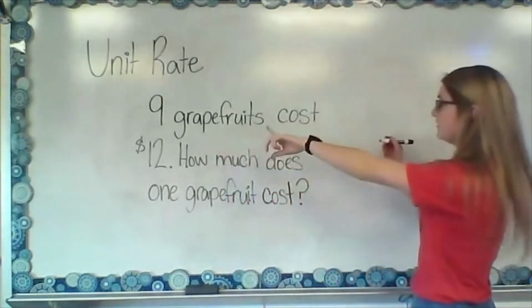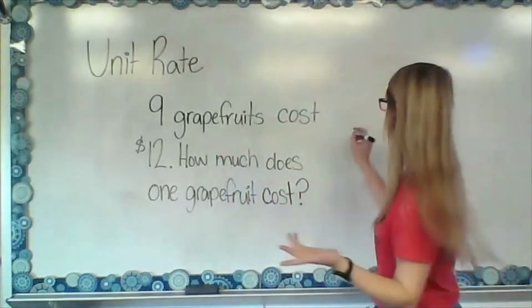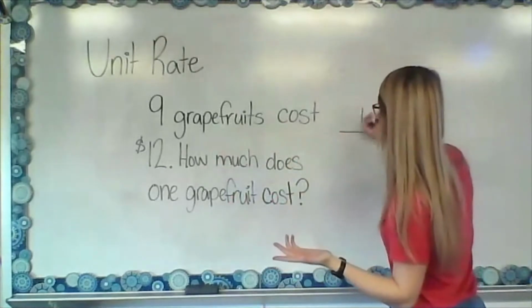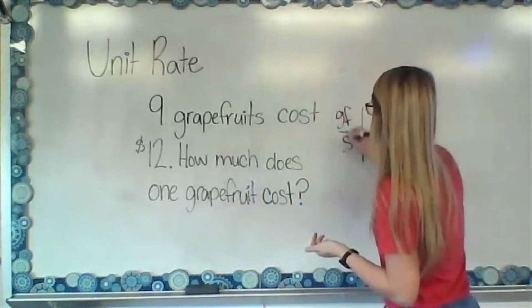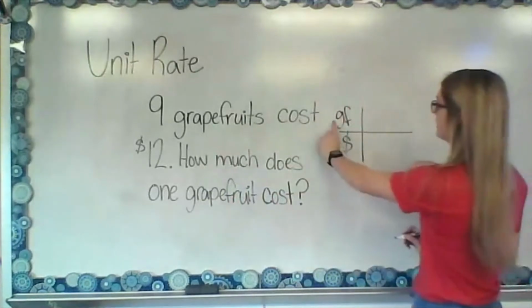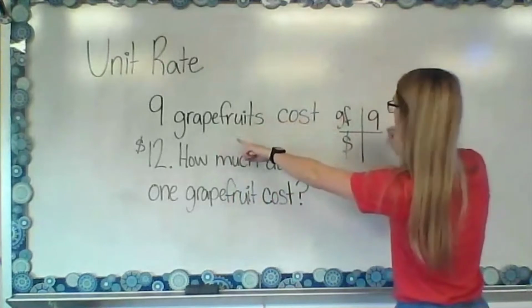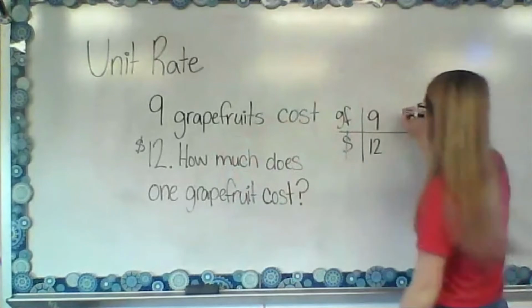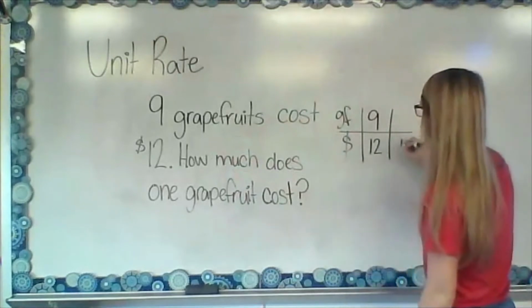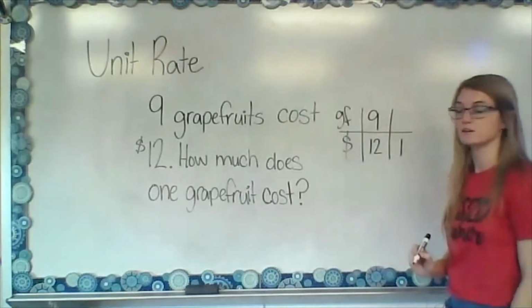If we just did a table, right? So what's wrong with another table? Nothing. We have grapefruits and dollars. Grapefruits, I have 9, and it's going to cost me $12. They want to know, how much does 1 grapefruit cost? Okay.